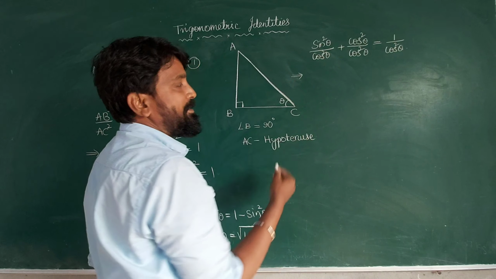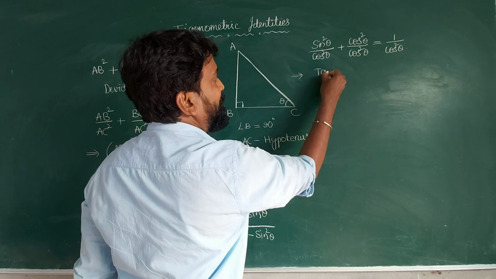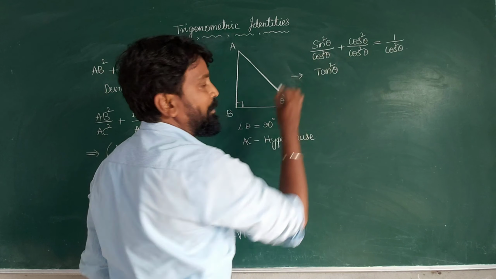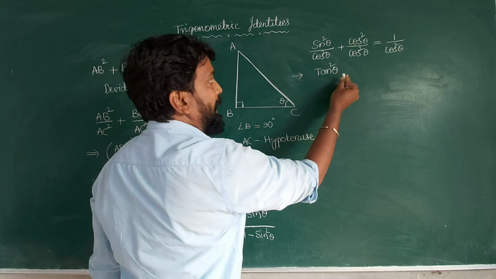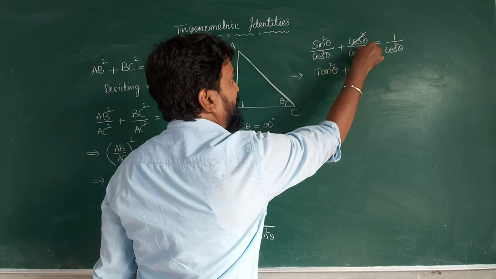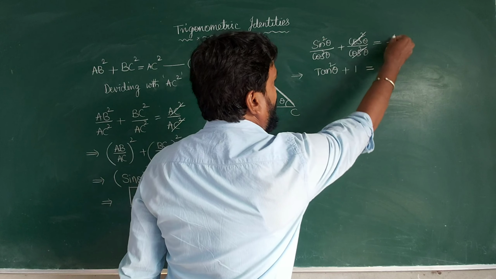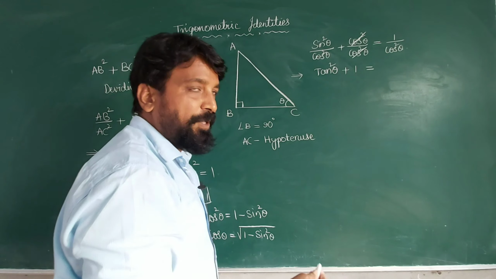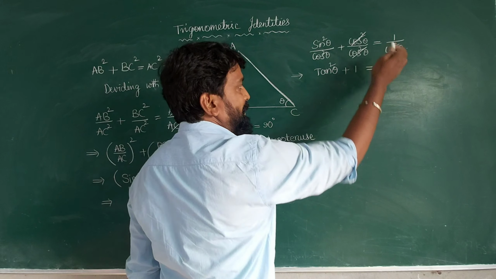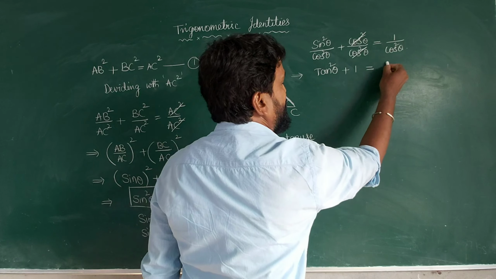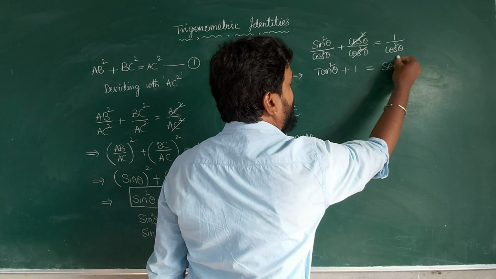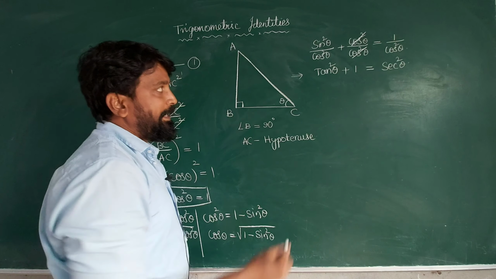Sin square theta by cos square theta is equal to (sin by cos) whole square, we already know that is tan theta. So tan square theta plus 1, cos square theta both cancelled, is equal to 1 by cos square theta. 1 by cos theta, the reciprocal of cos theta, is sec theta. So 1 by cos square theta is equal to sec square theta.